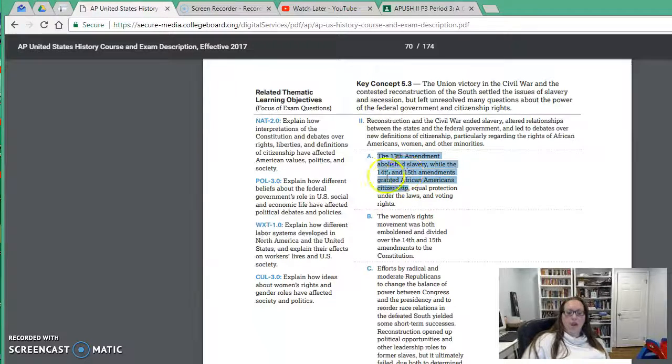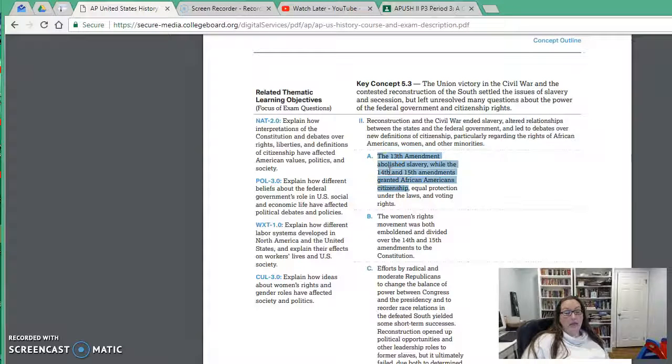The 14th Amendment is necessary because it makes former slaves citizens, given the Dred Scott decision, in which Chief Justice Taney said African American slaves and their descendants weren't citizens. So the 14th Amendment makes them citizens.